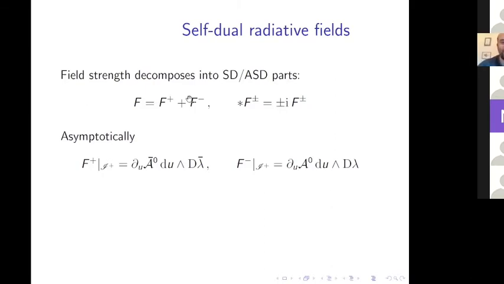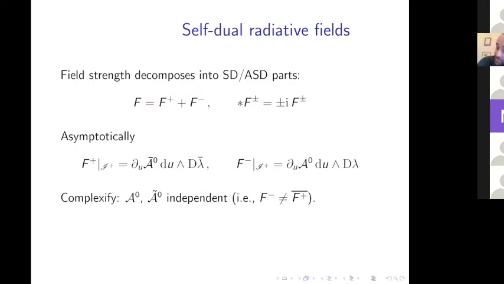And all that means is that if I take the Hodge star of the anti-self-dual part, I get -i times the anti-self-dual part. These self-dual and anti-self-dual parts are controlled by broadcasting functions, as you might have expected. So the self-dual part is controlled by the u derivative of curly A bar, and the anti-self-dual part is controlled by the u derivative of curly A.